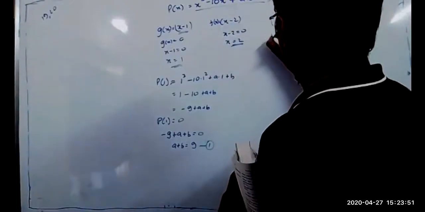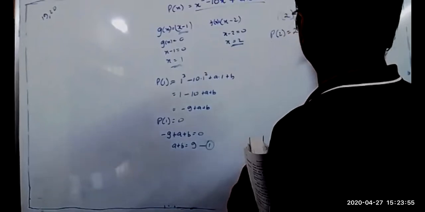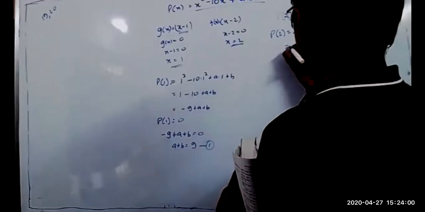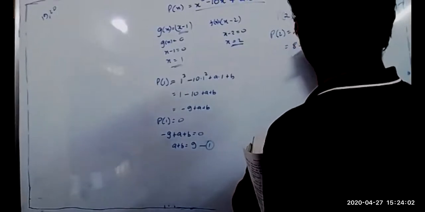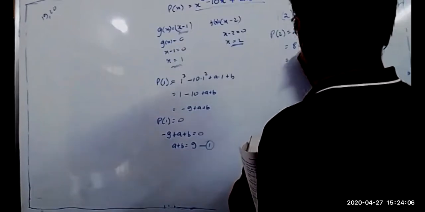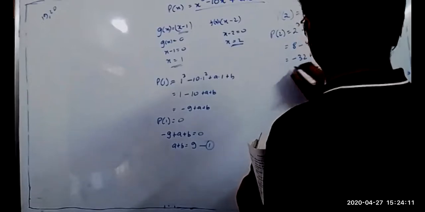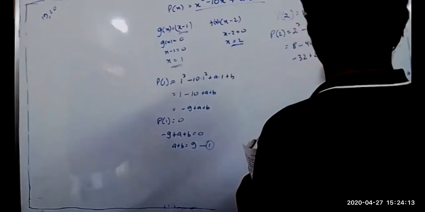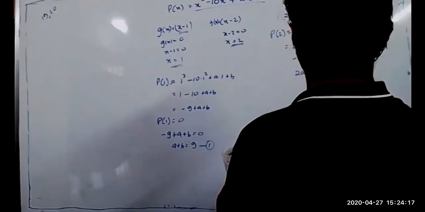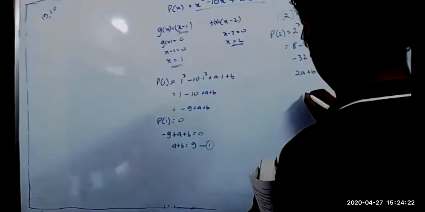P(2) is 2 cube minus 10 into 2 square plus a into 2 plus b: 8 minus 40 plus 2a plus b, so minus 32 plus 2a plus b equals 0. So 2a plus b equals 32. This is equation 2.